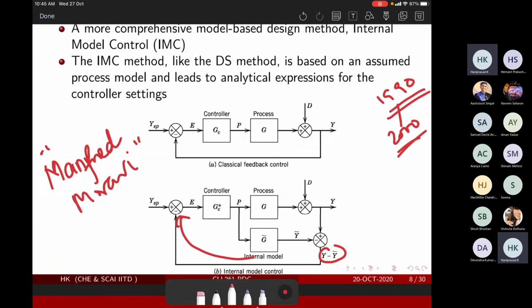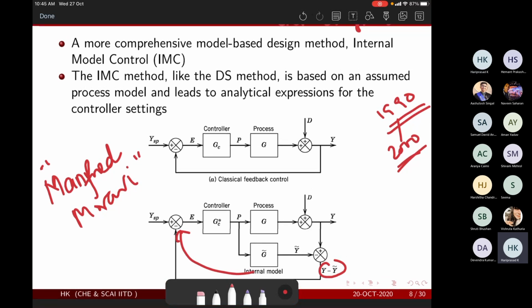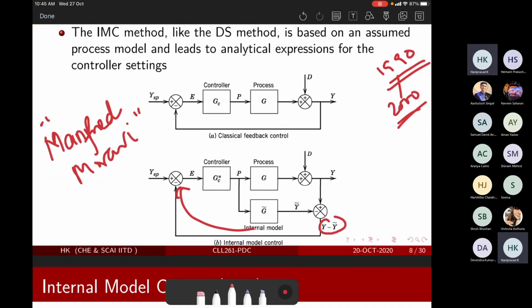If you have a model inside the overall control loop, and the true process and the model output are very similar, you would only propagate YSP over here. This is again in the control system design.